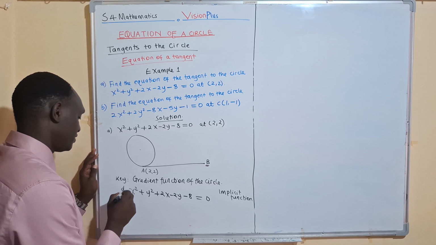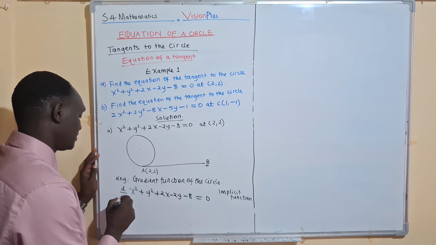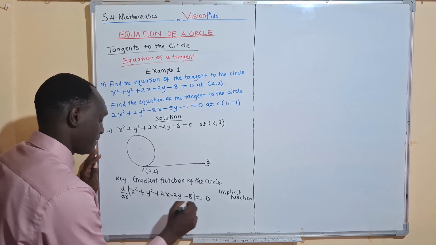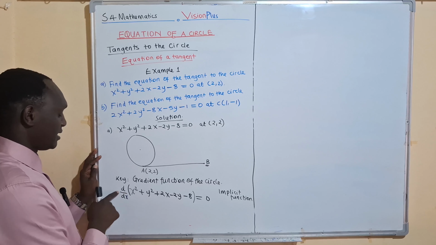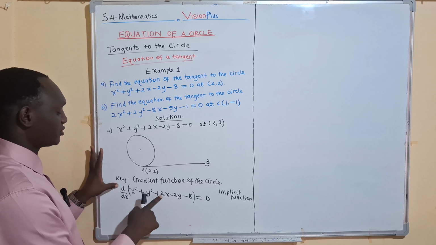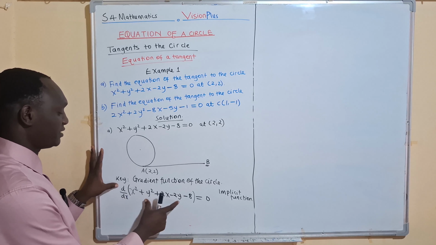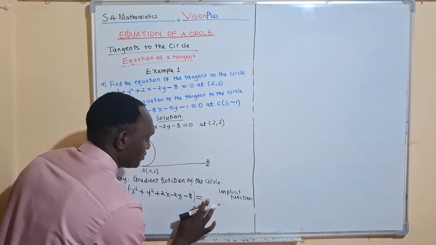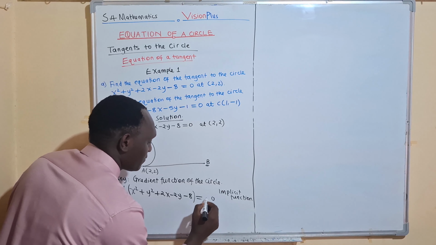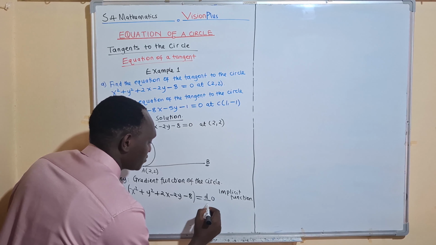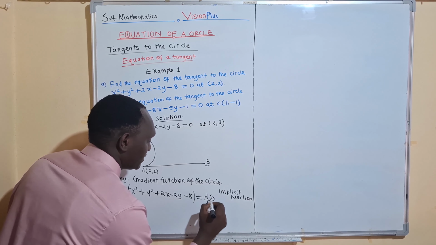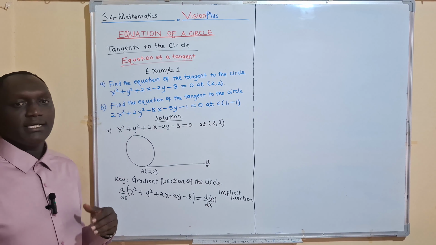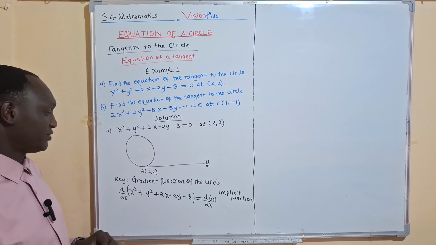I'm differentiating the left hand side, d of the function dx, with respect to x. The same thing applies to the right side, which is 0. I will differentiate it also with respect to x. Let us see how we can differentiate implicit functions.